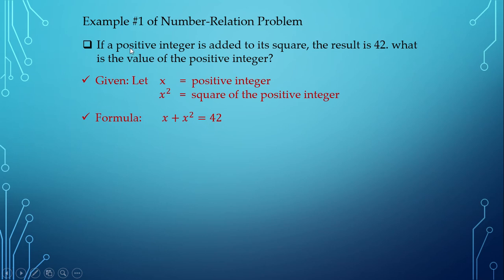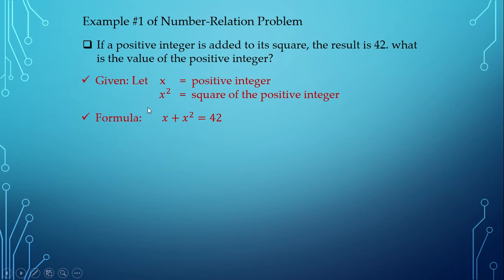Again, if a positive integer represented by x is added plus to its square, x square, the result is equal to 42. Question: what is asked? What is the value of the positive integer, or in short, what is the value of x?